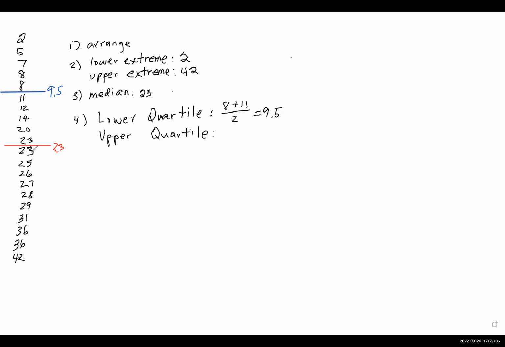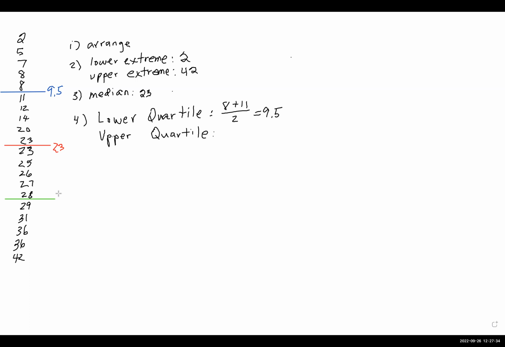We have 10 numbers in this upper half. 1, 2, 3, 4, 5. So that looks to me like it's going to be right here. Does that look right? Yeah. All right. So it's between 28 and 29. So what number is exactly between 28 and 29?